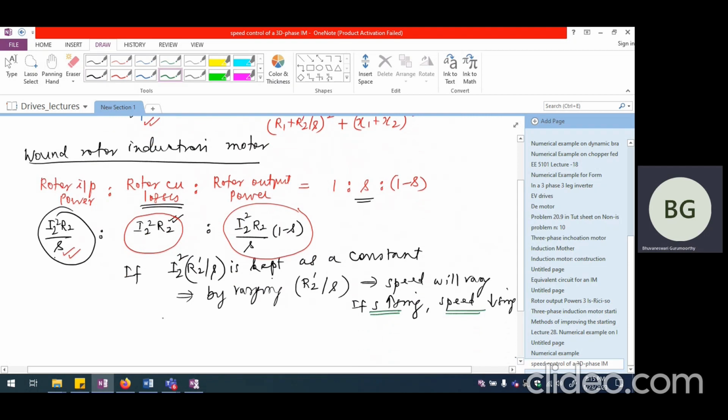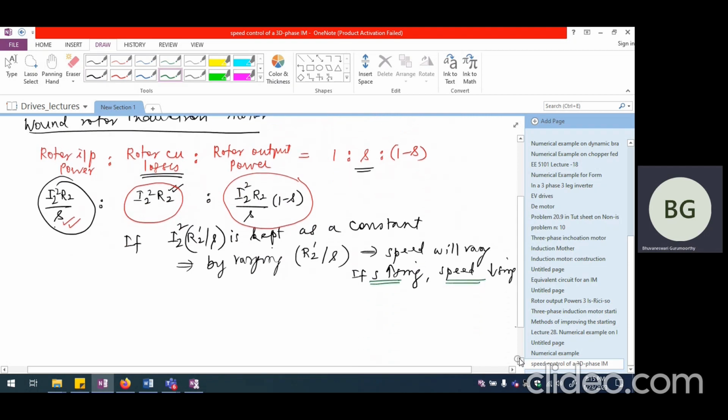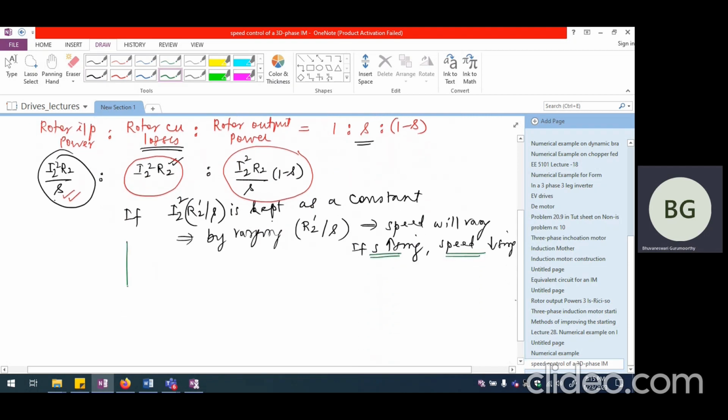So what this implies is, let us say this is the normal speed torque characteristics of the induction motor. We said that we are going to have the Tmax.